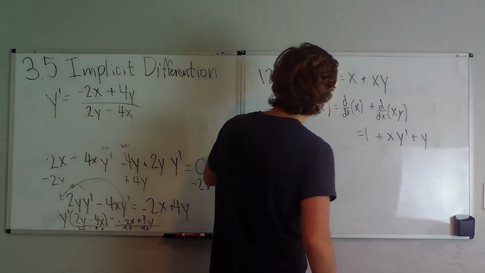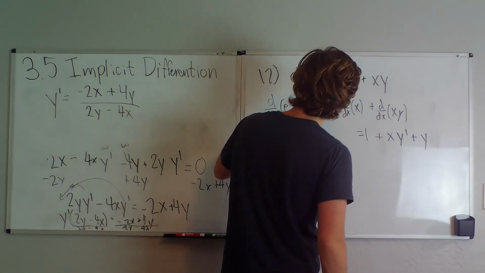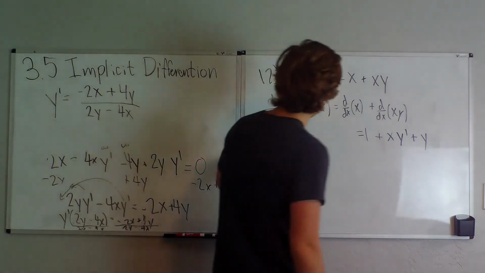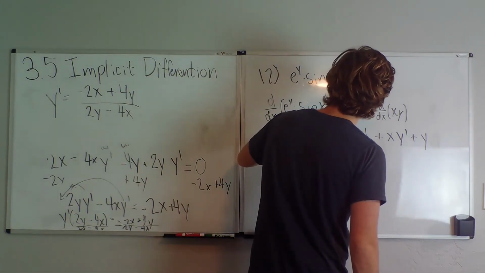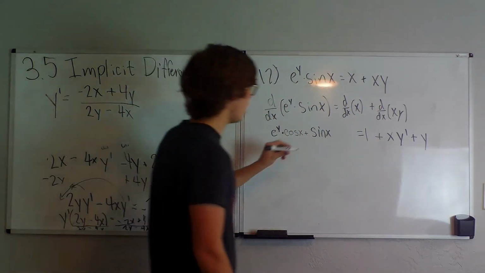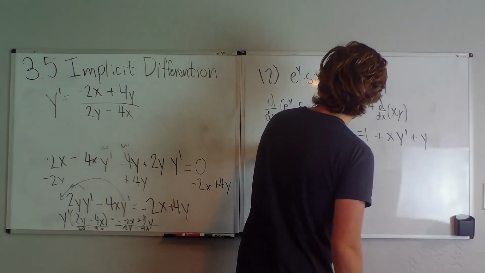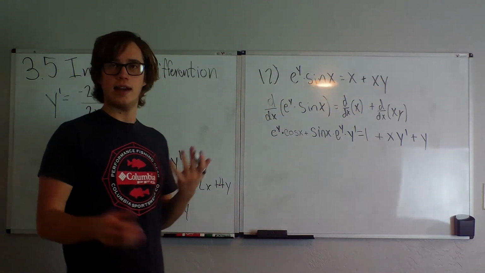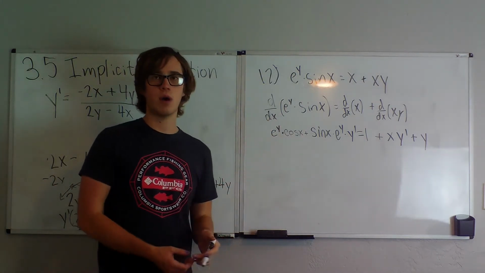Cosine x. Plus sine of x times derivative of e to the y. Well, what's that? It's just e to the y times y prime, right?